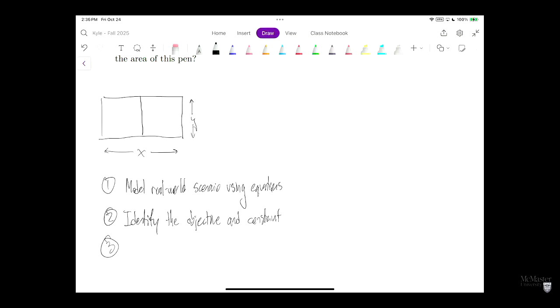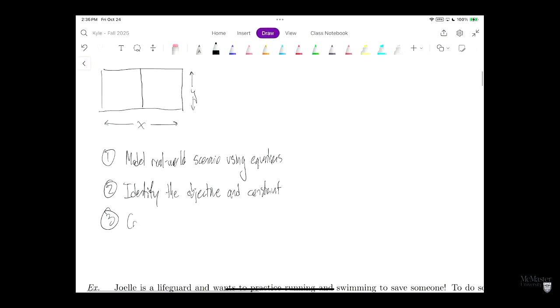Number 3 says we are going to create a single variable objective by substituting the constraint. And number 4 says we are going to maximize our single variable objective.